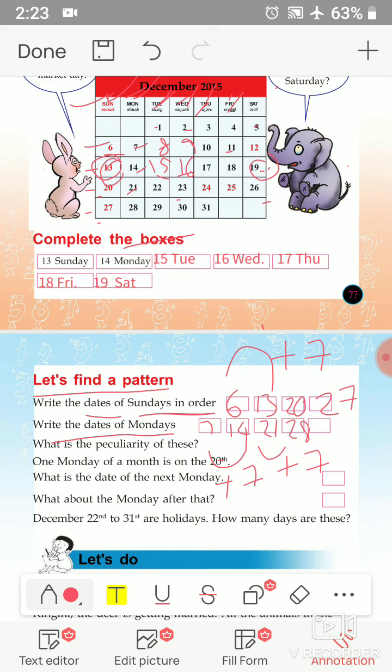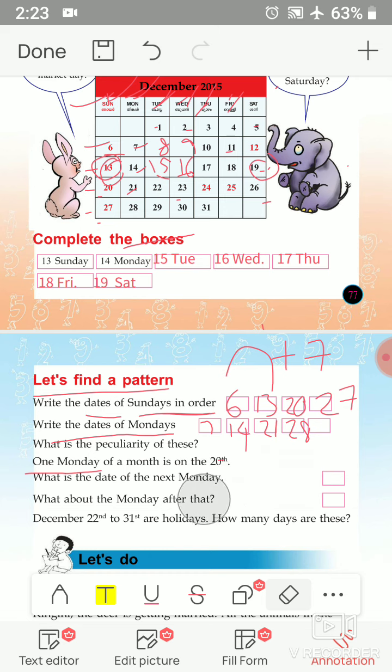Did you understand? Then one question: one Monday of a month is the 20th. What is the date of the next Monday? Then what will we do to find that next Monday? Here 20 is given as the date of Monday. Then we have to do 20 plus 7. We get the next Monday. Okay, 20 plus 7 we get the next Monday.